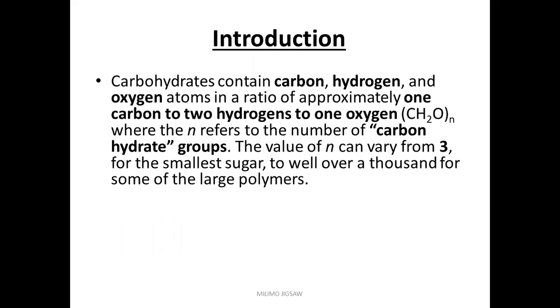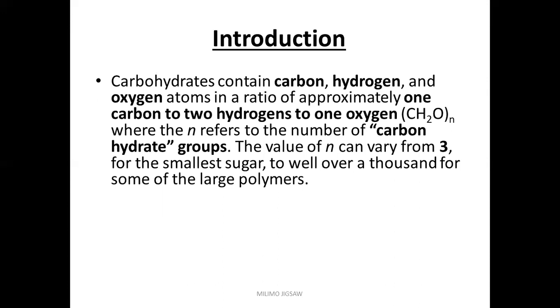So in the preamble, we find that when you look at the structure of the carbohydrates, they contain a carbon atom, a hydrogen atom, and an oxygen atom. These are in a ratio of approximately 1 carbon to 2 hydrogen to 1 oxygen.